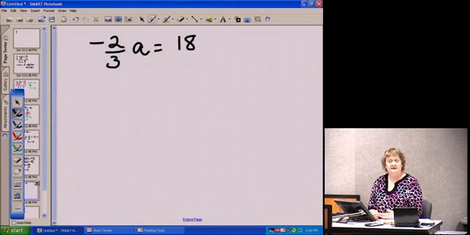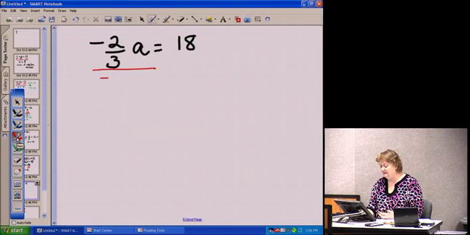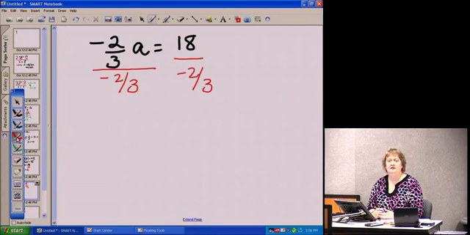Now, this is a multiplication, so we could divide both sides by -2/3, because that's -2/3 times a = 18. But dividing by -2/3 gets ugly, as you can see on the screen. So we want to come up with a way that's a little bit easier.